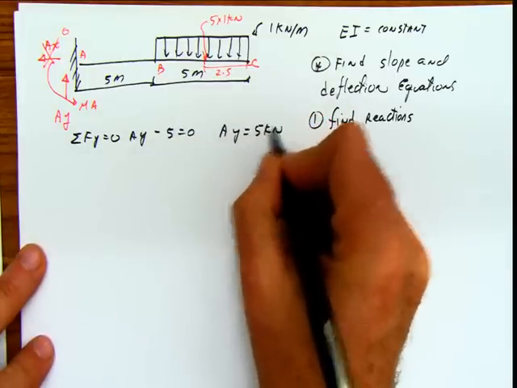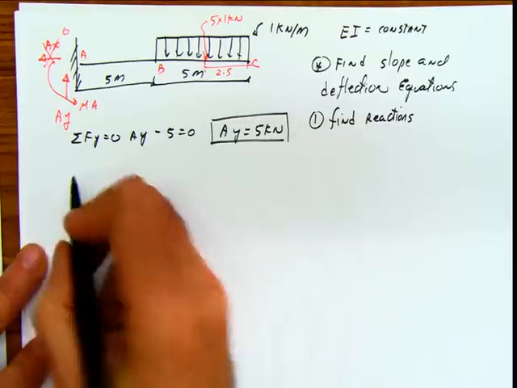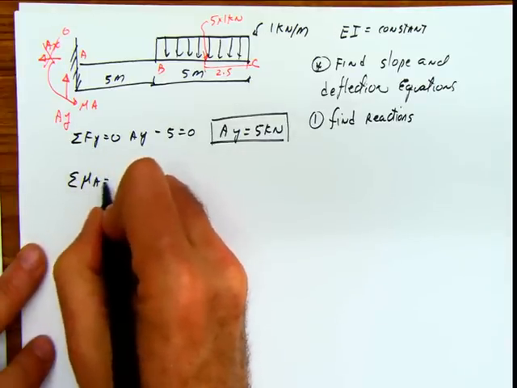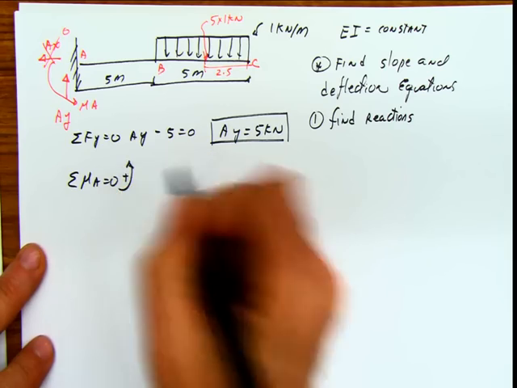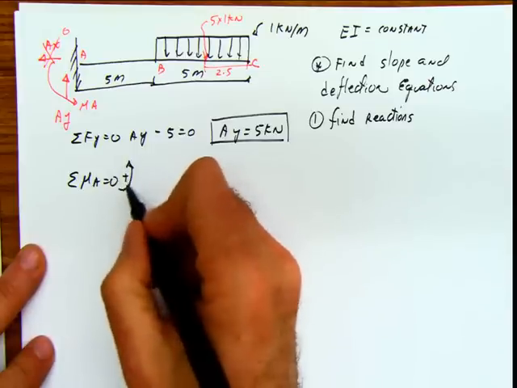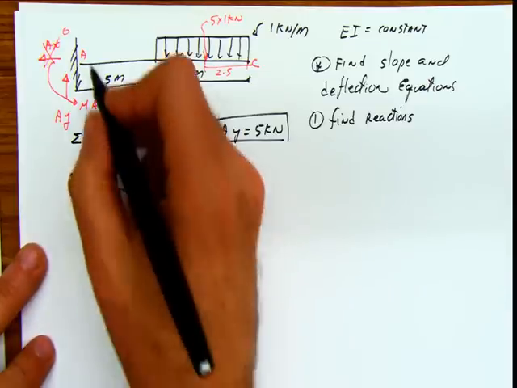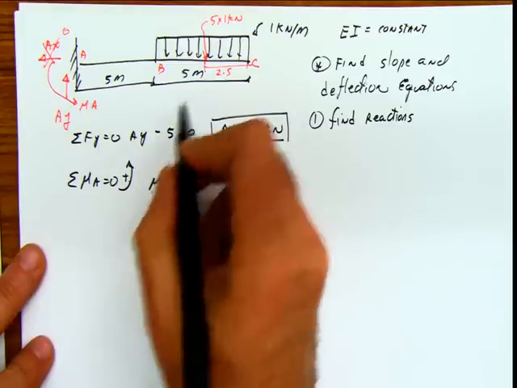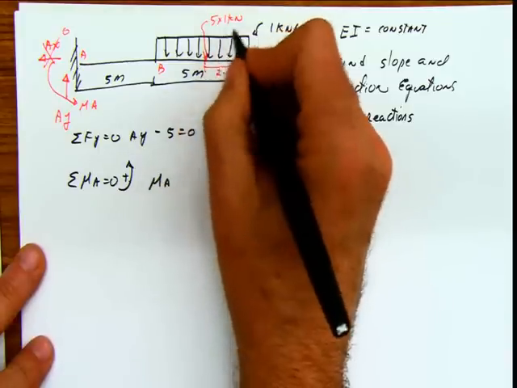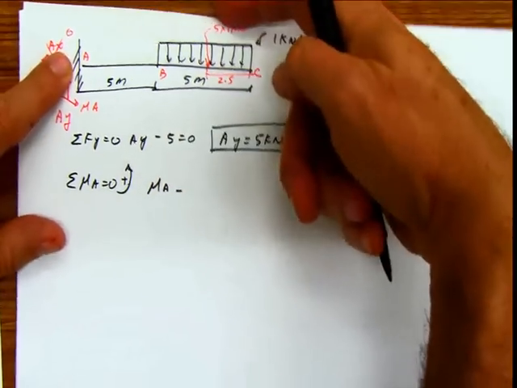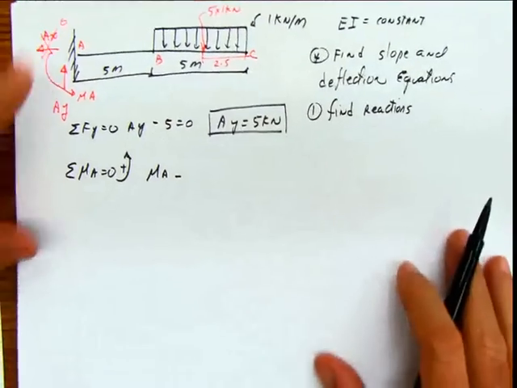At the same time, we can do summation of moments at A equals 0, and I can select any direction because this is equal to 0. I'd rather use this as positive, so this moment at A is going in the same direction, so it's going to be MA minus this force times this distance. Remember, if I put my pin here and I apply the force, the rotation is going to come in this direction.